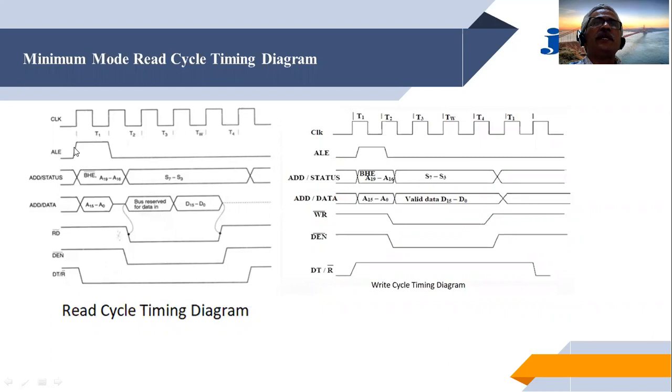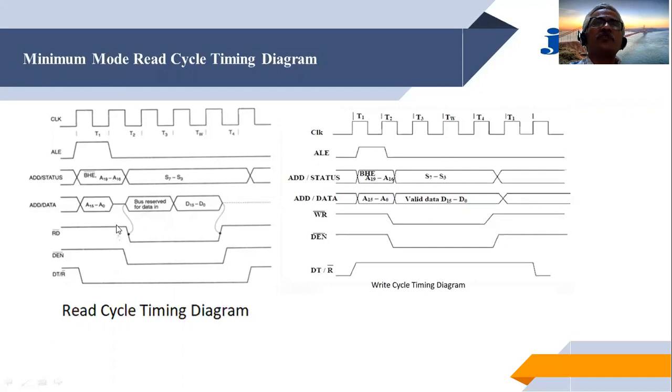When the ALE signal goes high, the latches are enabled during the timing T1. During T2, the addresses are latched and outputted.